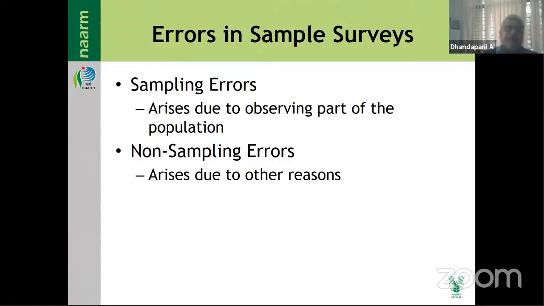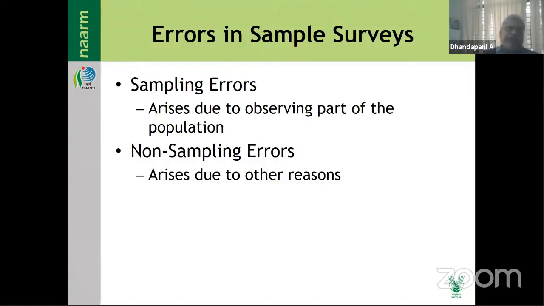There is always going to be a difference between what you compute in the sample and what you compute for the entire population. If you observe all the units in the population, sampling error will be zero, because there is then no sampling. Otherwise there is going to be some error, the difference between what you have observed in the sample and what is there for the population. That error we call sampling error. This is inevitable in any sample survey.